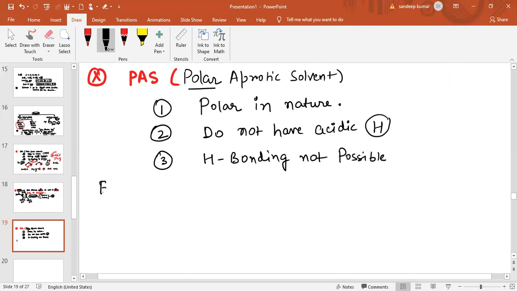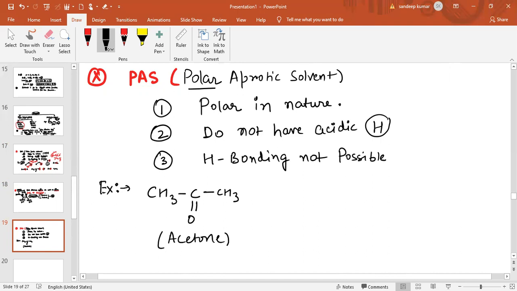Now see the examples of polar aprotic solvents. What are the examples? This compound you know very well. This is CH3, C double bond O, CH3. We also call this compound acetone.